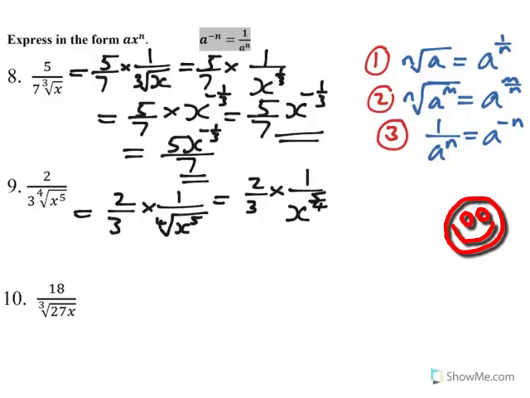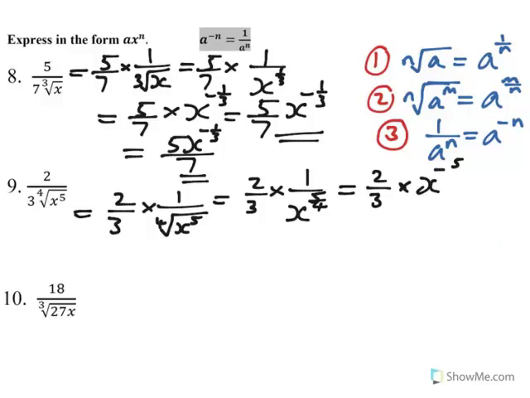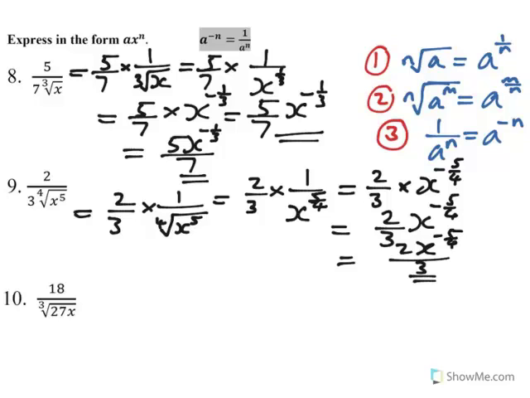It's m over n. Then based on rule number 3, 1 over x to the power of 5 over 4 becomes x to the negative 5 over 4. So the final answer is 2/3 x to the negative 5 over 4, or if you prefer, you can write it as 2x to the negative 5 over 4 all over 3. Both of those are acceptable.